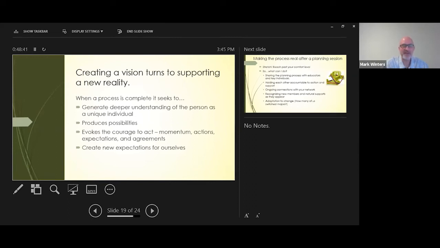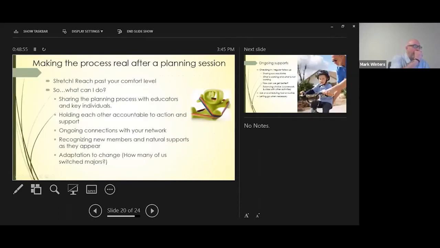And now that we've had that conversation, I can respect what that person is saying. I understand what they're communicating, and I'm going to do what I can to help them to support that goal that they have. Excuse me. That sometimes means that we have to stretch. We have to stretch past our comfort level. So what can we do?